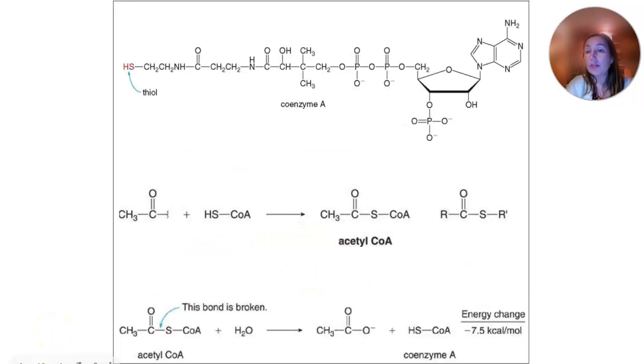Now we're going to look at CoA in a little more detail. We've got our thiol, our hydrogen bonded to sulfur. It's bonded to CH2, CH2NH, and then that nitrogen is bonded to a carbon that's double bonded to oxygen. And then it's bonded to CH2, CH2, it's bonded to then NH.